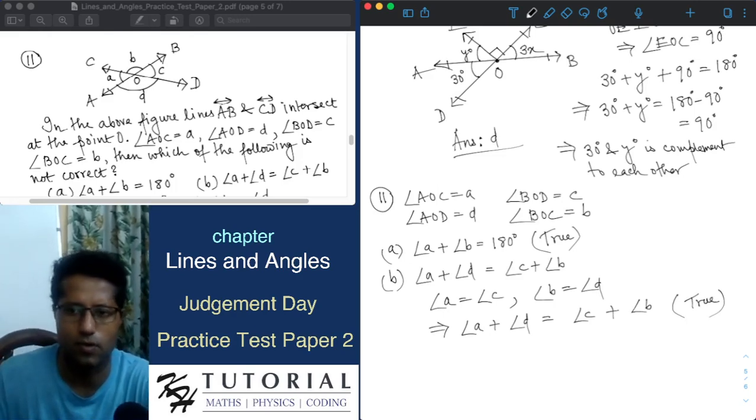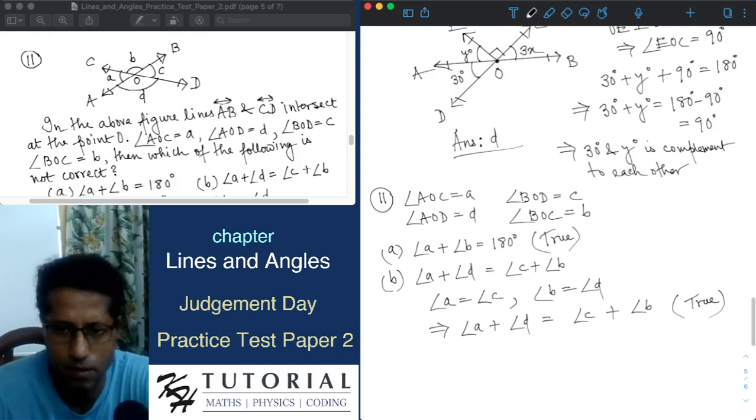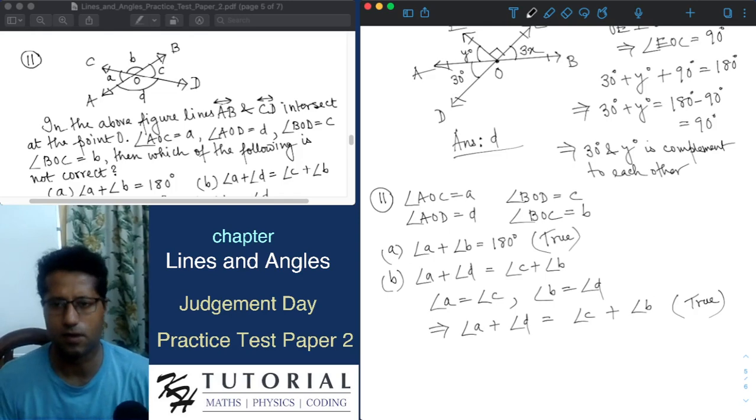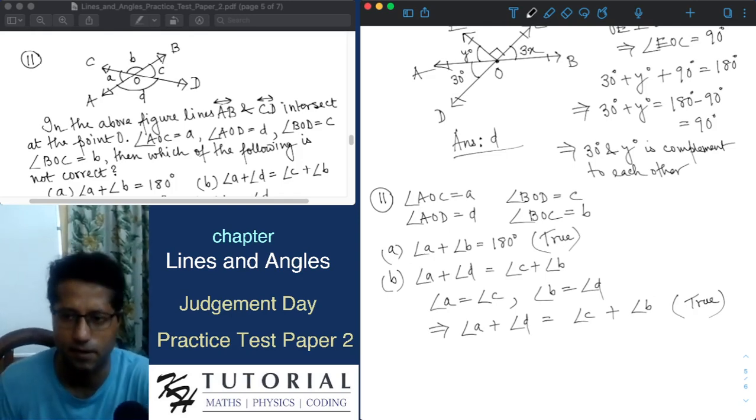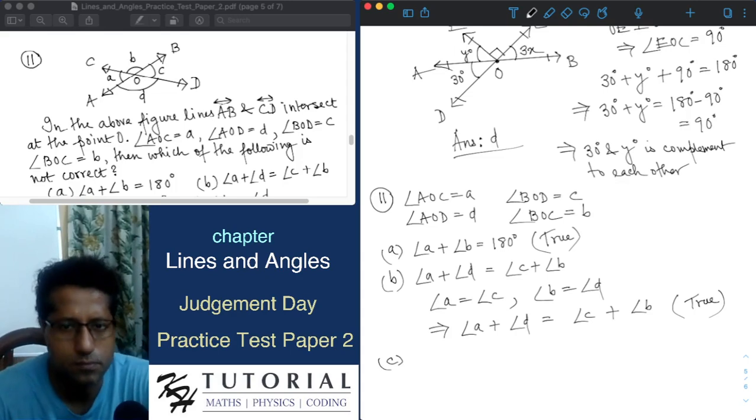This is also true: angle A plus angle D is equal to angle C plus angle B. This is coming from the fact that angle A and C are vertically opposite angles, and angle B and D are vertically opposite angles.